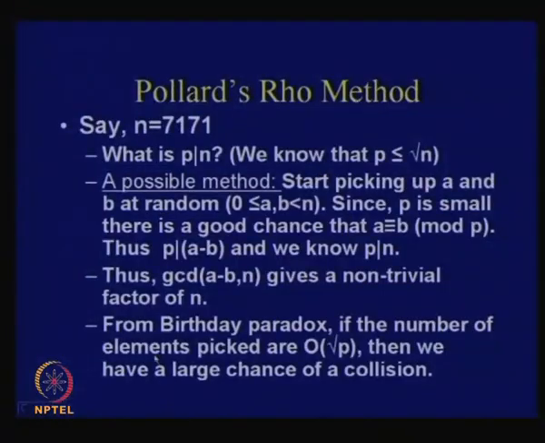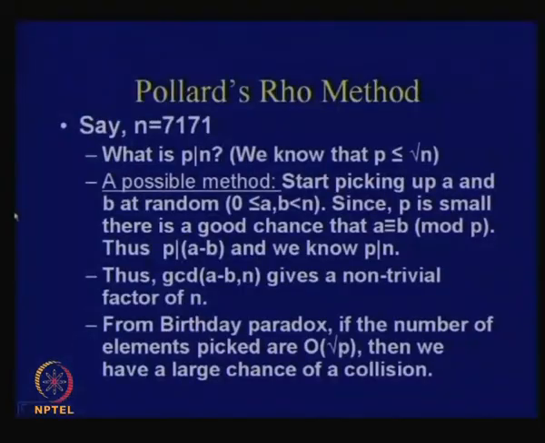So, therefore, GCD of a minus b comma n indeed gives us a non-trivial factor of n, and from the Birthday paradox, if the number of elements which I choose is of the order of say around square root of p, then we have got a large chance of a collision. Okay.